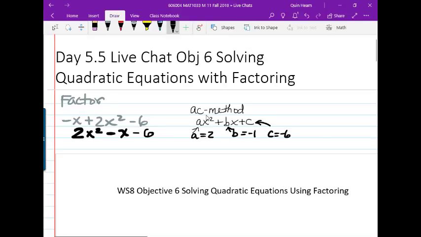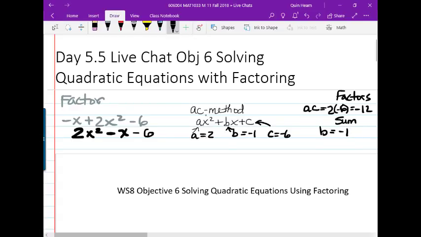And what we talked about in class was that you multiply a times c, and that would be 2 times negative 6, which would be negative 12. And you look for factors of negative 12 that add up to b. So we want factors of negative 12, and their sum has to be negative 1.